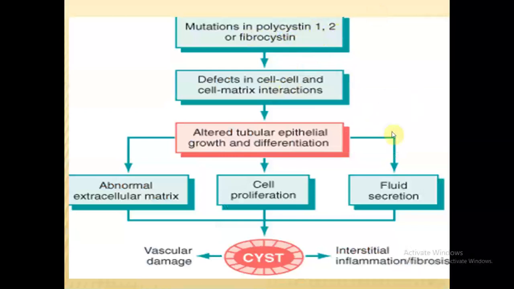The exact mechanism of cyst formation is unknown, لكن اكو theories انه هذا الجين هو important in cell proliferation, cell differentiation and in polarization of cells.